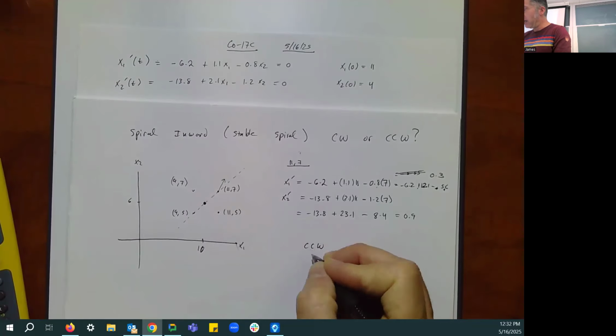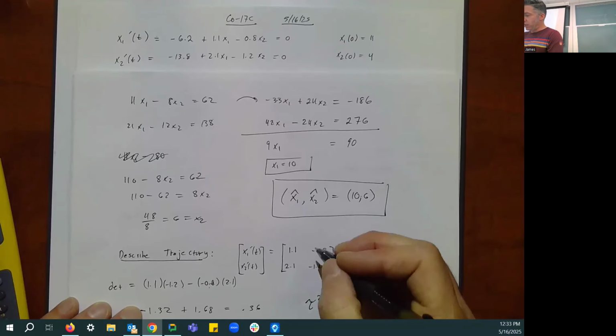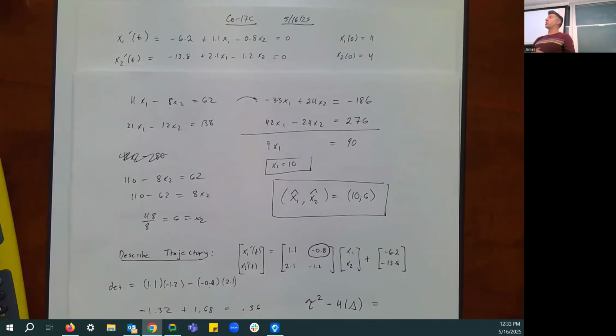When I first taught 17C, I tried to figure out how you determine this by looking at the matrix. And there is a way, which I never remember until after I've done it: if you look at the matrix and you know that you have a spiral, this corner up here, whether it's positive or negative, should tell you the direction it turns.